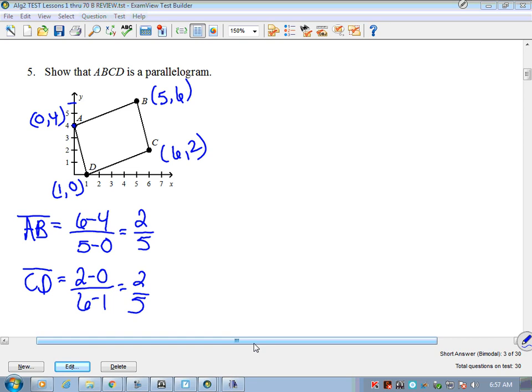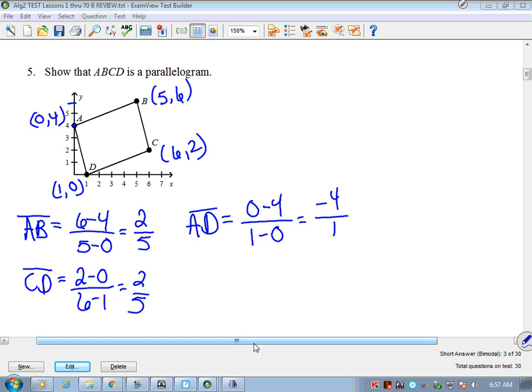We need to go AD. AD is going to be 0 minus 4 over 1 minus 0. That should give us negative 4 over 1, or just negative 4.